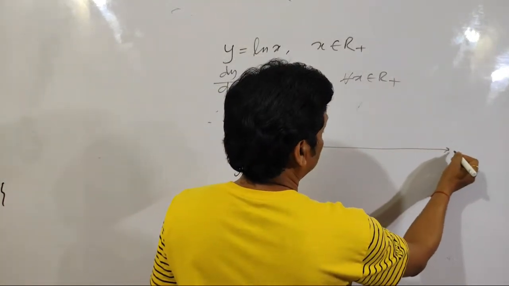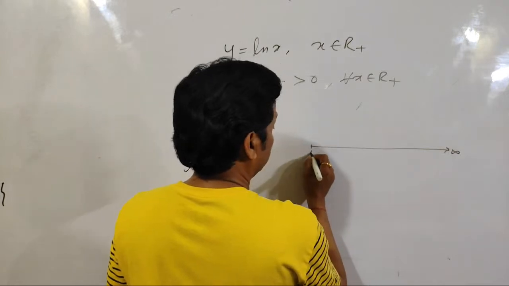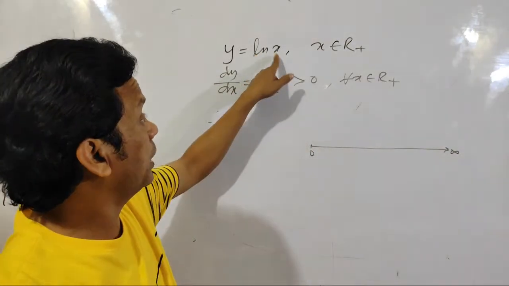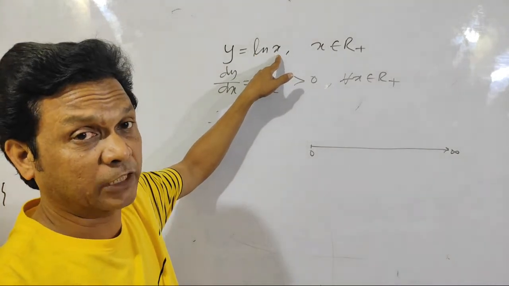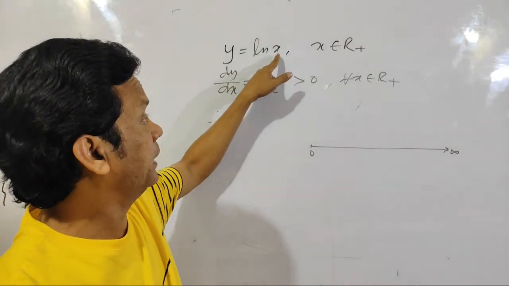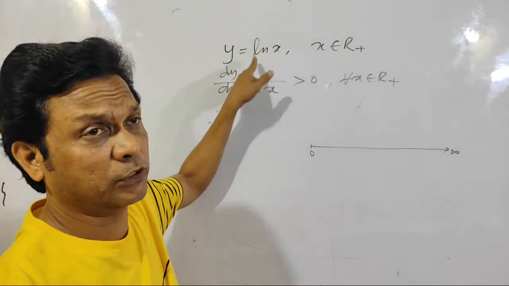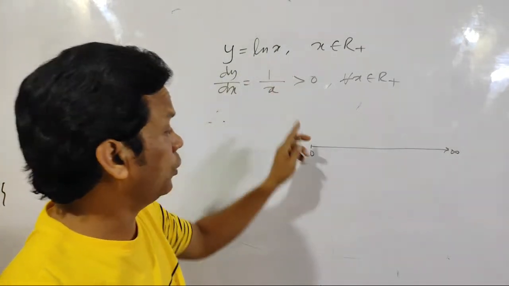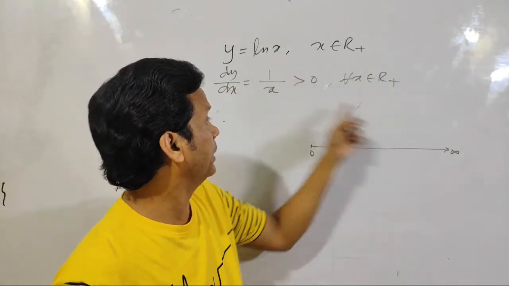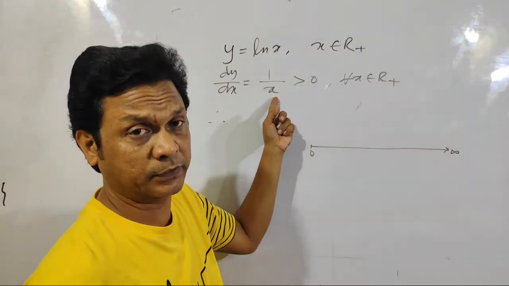See here. This is infinity and the starting point will be 0. Why are you taking 0? Because log x cannot be negative. And x also cannot be 0 because log 0 is undefined. So open interval 0 towards infinity. And in this interval, the derivative is always positive.